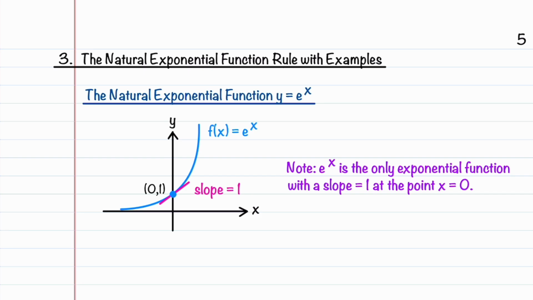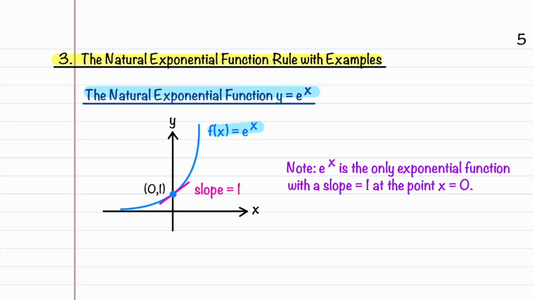We're now going to learn how to find the derivative of the natural exponential function and walk through some examples. We're going to start by looking at the graph of the natural exponential function. Here's the graph.